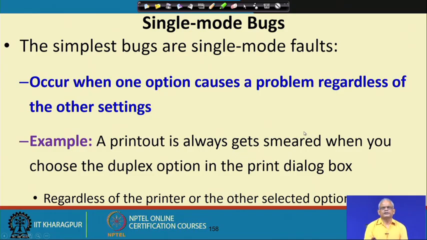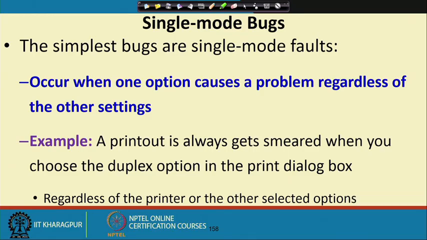Let us see some examples of a single mode bug. These kinds of bugs are very common. Here, as long as one specific condition is satisfied, the software fails.